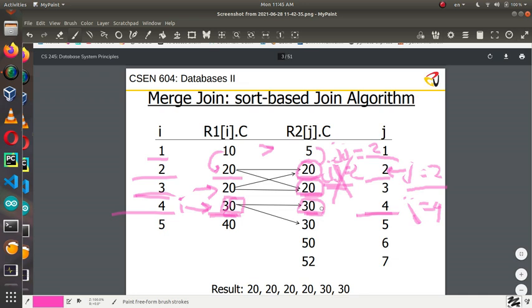Now 30 and 30, we have to enter the nested loop, jj equal 4. 30 and 30, join them and go to the next item in R2. 30 and 30, join them, then go to the next item in R2. They are not the same. So we have to increment I, and we can stop here because relation R1 is exhausted.